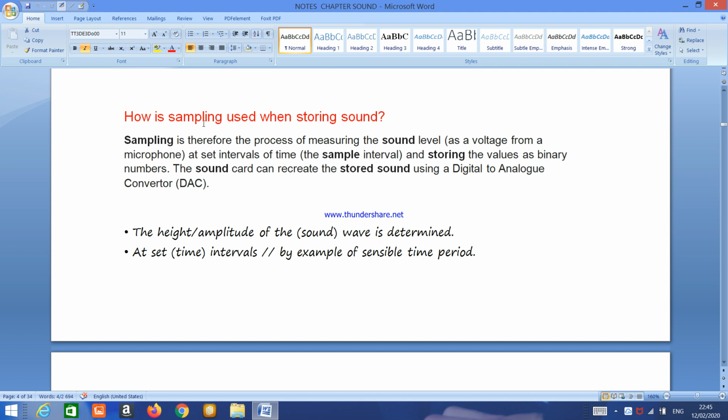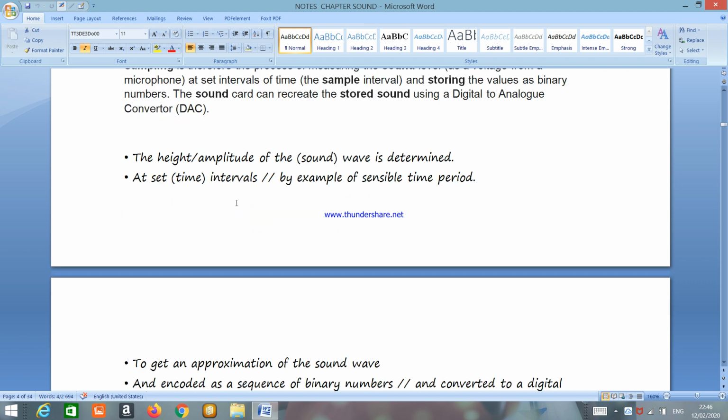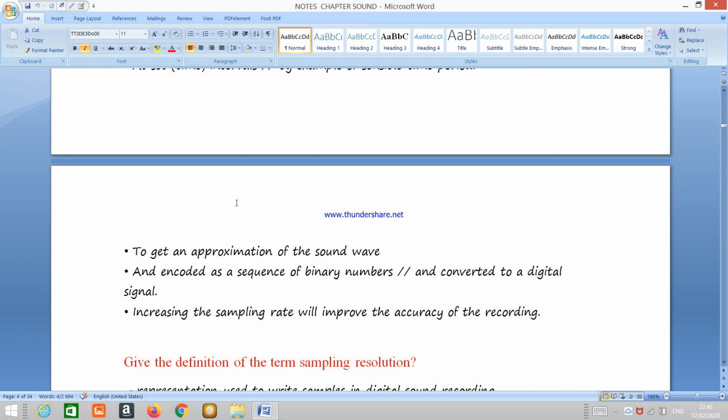Another way of asking the question: how is sampling used when storing sound? It's a process of converting the analog signal into digital by measuring the amplitude at regular set intervals of time.